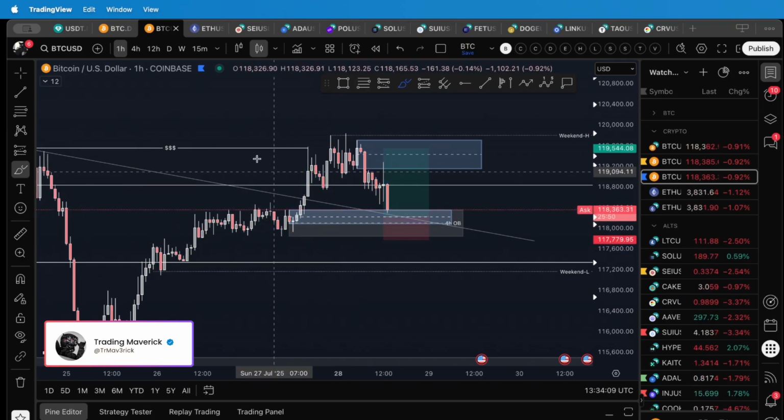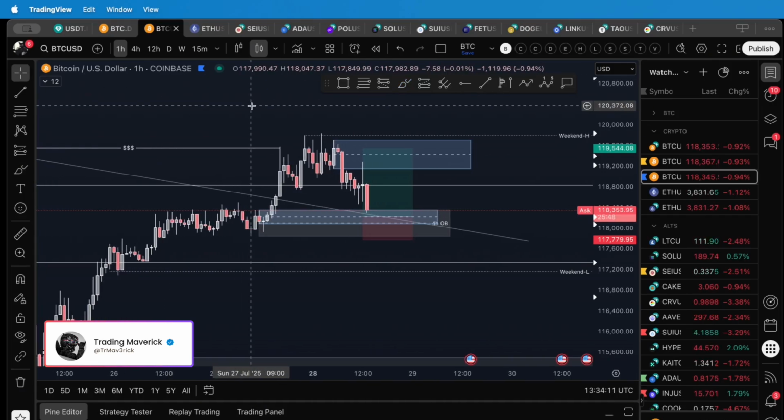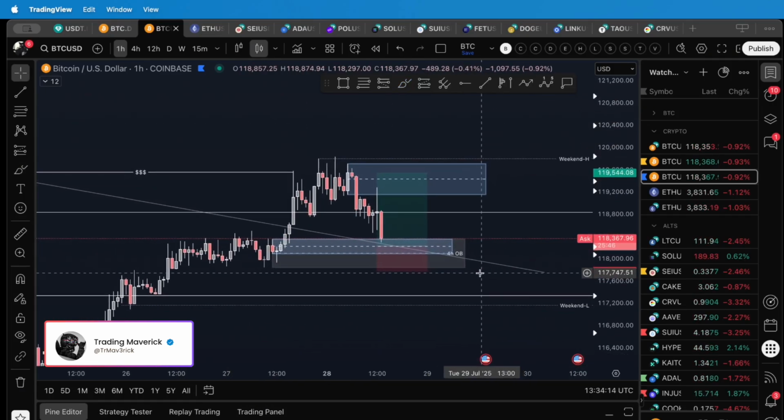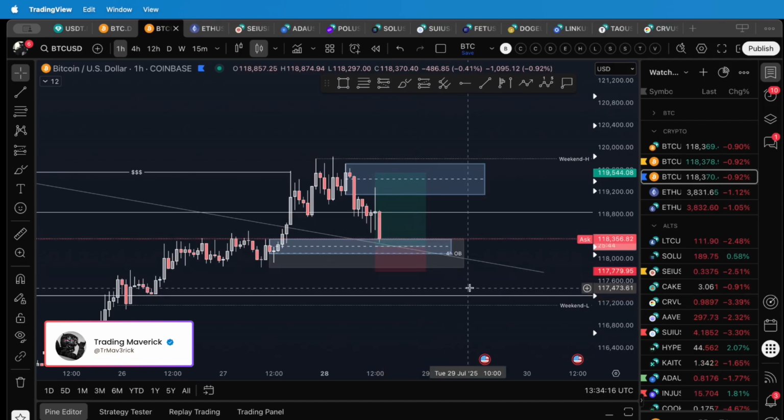But yeah, let's see how this one goes, not risking a lot. And yeah, just a scalp play. Yeah, for this one I already posted it, here.